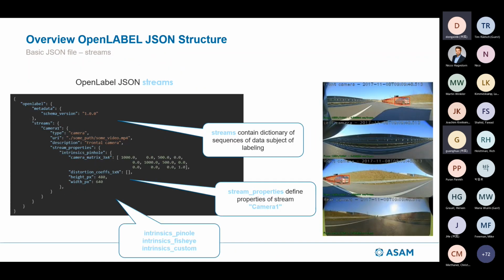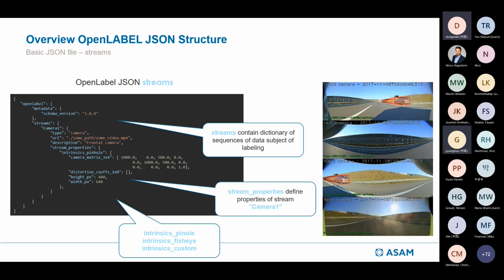For those of you wondering what happens if you have multiple cameras, well, the answer is to have different streams. So in OpenLABEL, we can define as many streams as we wish. For instance, camera 1, 2, 3, 4, maybe a surround view system with 4 cameras or maybe more, or even different types of sensors, not only cameras, but also laser scanner, radar, etc. The idea is that you can add stream properties for each of these streams so that you can define the intrinsic values for cameras, for instance, or any other information about the stream itself.